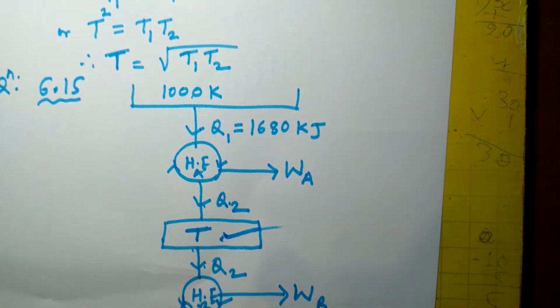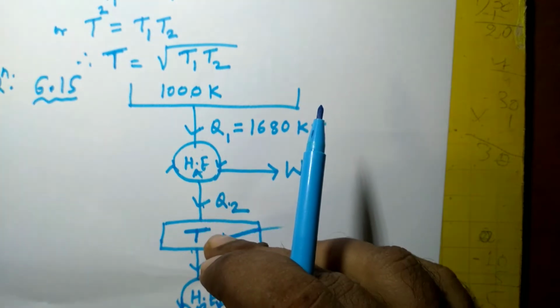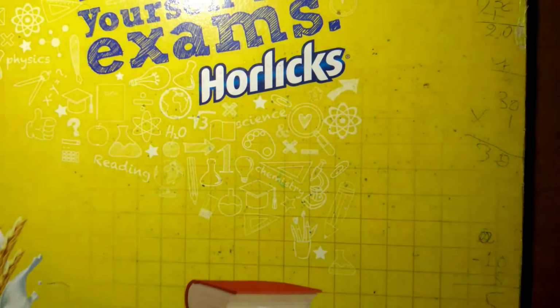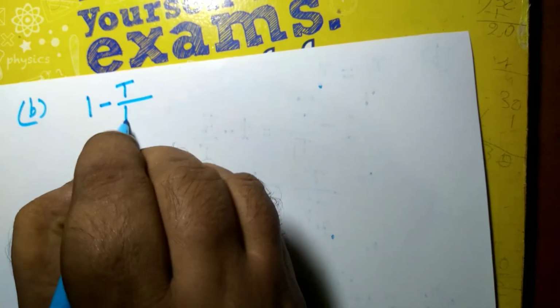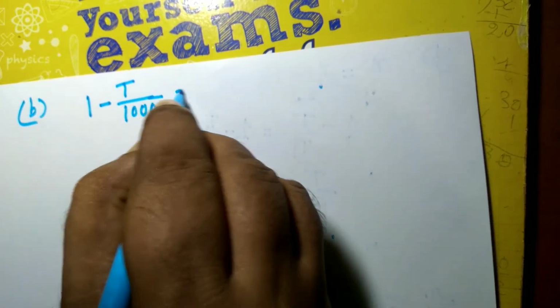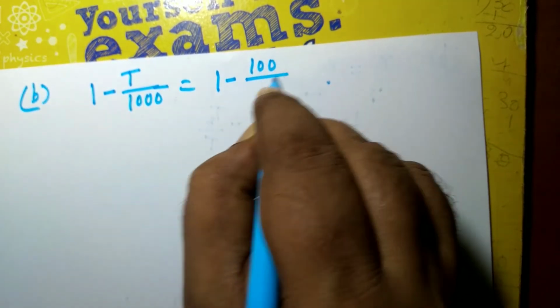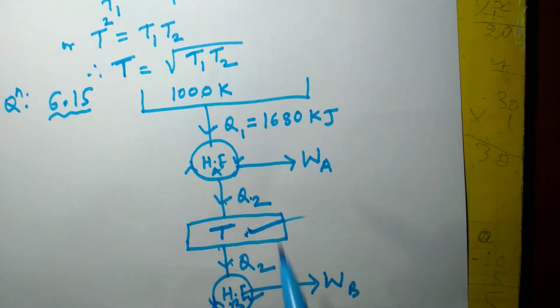So when the efficiency of two reversible heat engines operating in series are same, the intermediate temperature is the geometric mean of two temperatures. So directly I can use that, or we know that efficiency of first engine is 1 minus T upon 1000 is equal to efficiency of second engine, 1 minus 100 upon T.